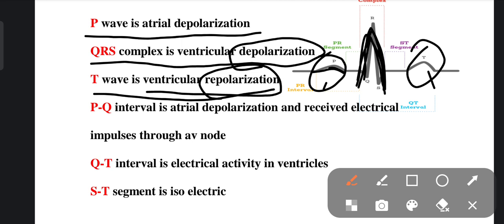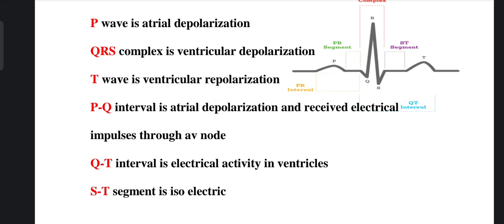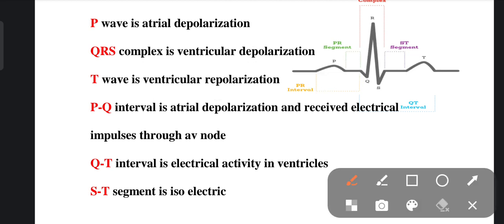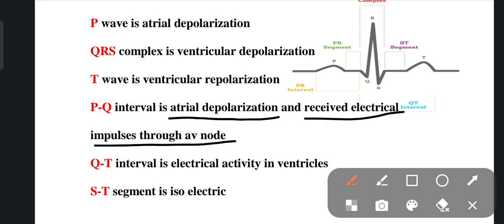So let's see the gaps between these items. First, the PQ interval. Here you can see the PQ interval. The interval is the atrial depolarization, receiving the electrical impulses through the AV node. So what is happening in this gap is that the heart is taking the electrical charge.